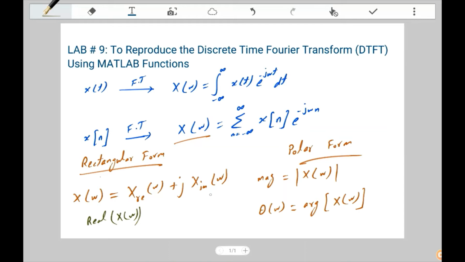If we want to find the imaginary part, we need to write imag of X of omega. Similarly, the magnitude can be found by the built-in function abs, and the phase can be found by the built-in function angle.